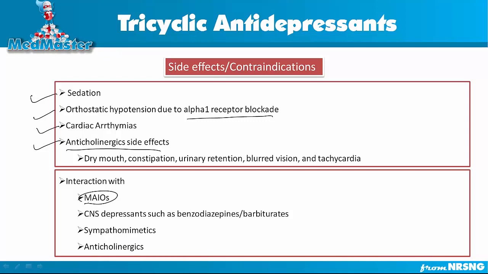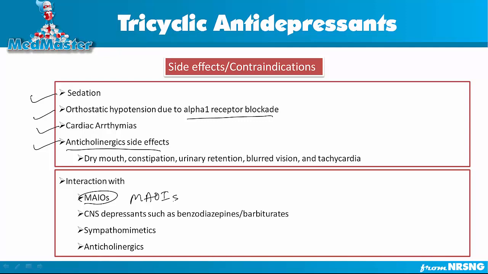This medication interacts with MAOIs, which are monoamine oxidase inhibitors, and with CNS depressants such as benzodiazepines and barbiturates, because it will produce even more sedation and impair the patient's functionality and daily activities. So you do not want to give this one with benzodiazepines and barbiturates.